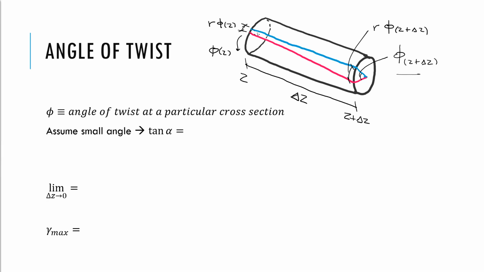So this is the phi that occurs at Z plus delta Z. This is the phi that occurs at Z. You don't necessarily have 0 on the left end. If it were fixed on the left end, you would have 0. But assuming that we're just taking some little cut out of a bigger member, you're going to have some phi angle on both sides.